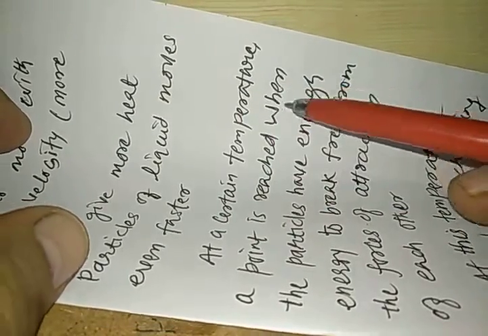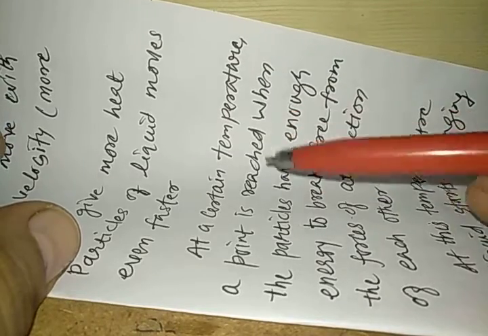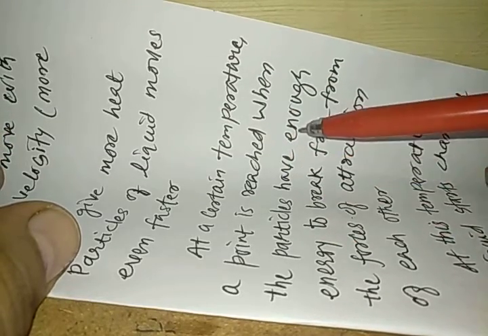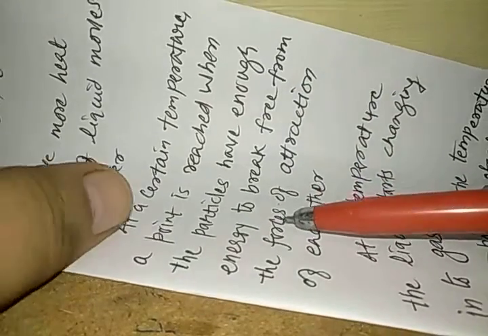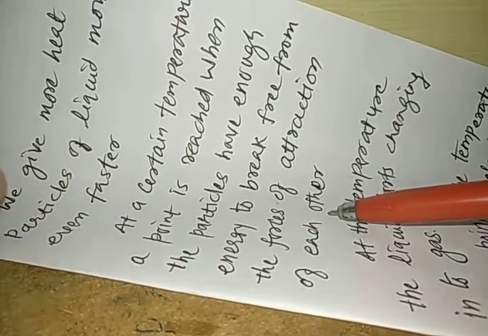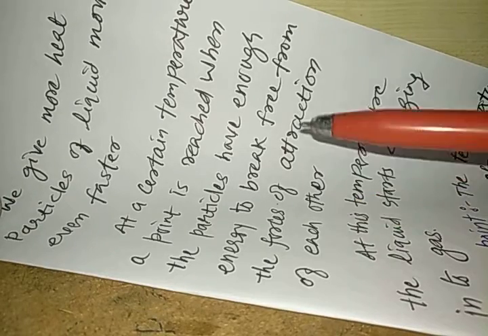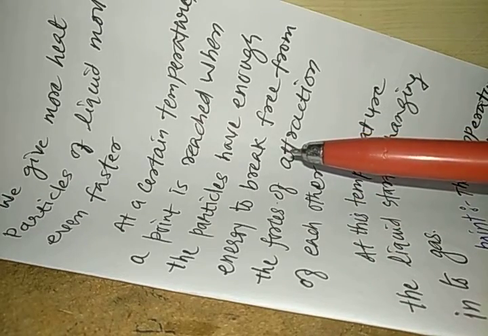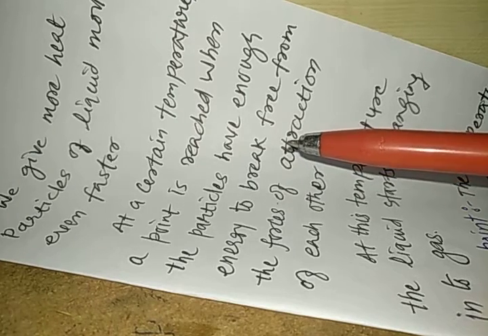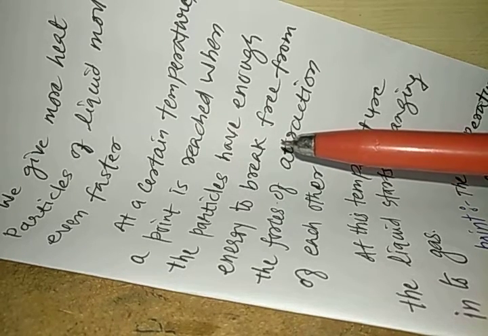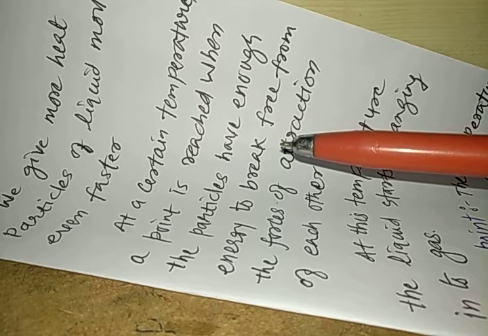At a certain temperature, a point is reached when the particles have enough energy to break free from the forces of attraction of each other. When you give more heat, more temperature is increased, more kinetic energy is obtained by the particles and they move even more freely.